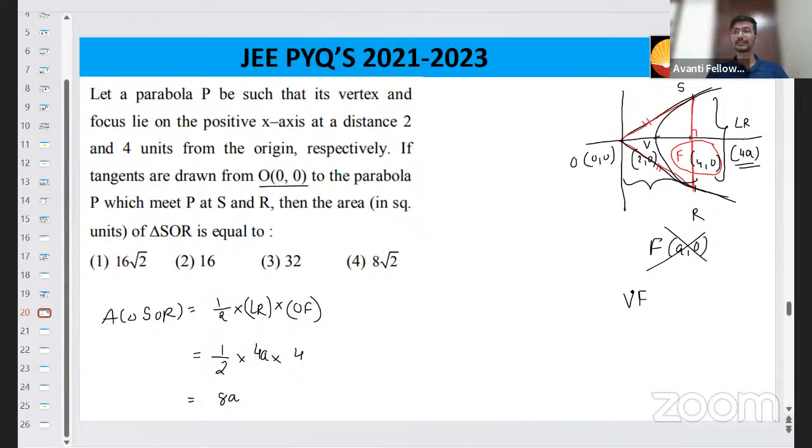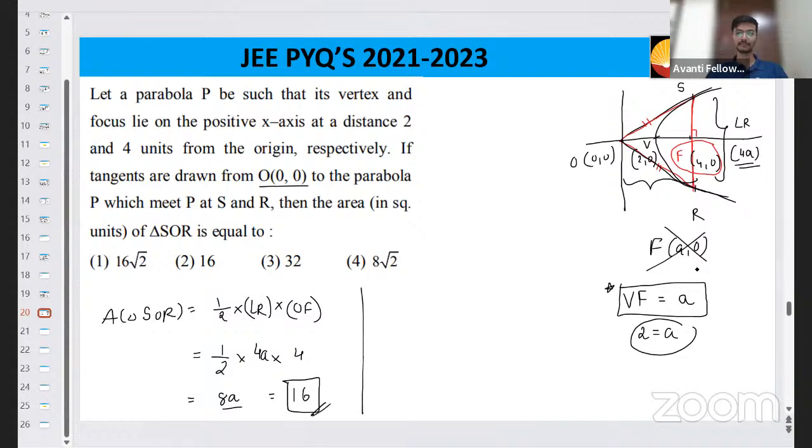The distance between vertex and focus is a. And we can clearly see from the diagram the distance between vertex and focus is 2. So what is the value of a, guys? The value of a is 2. So that means the area of the triangle will be 8 into 2, which is 16 is our answer.